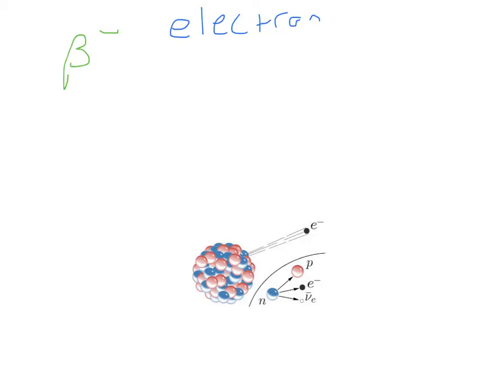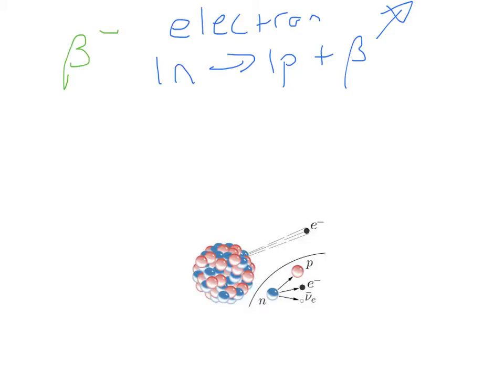Now there's a problem there, if you remember, because all 3 types of radiation come from the nucleus. There are no electrons in the nucleus, of course. So what is happening? Well, what you'll have learned at GCSE is that in the nucleus, 1 neutron turns into 1 proton, plus the beta minus particle or the electron, and it's that beta minus particle that then gets instantly kicked out of the nucleus.